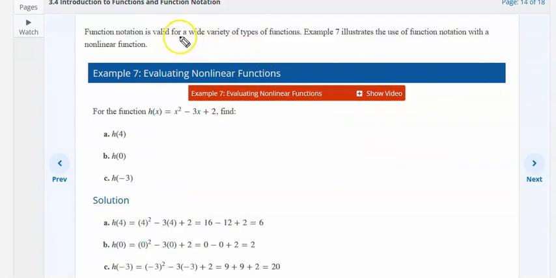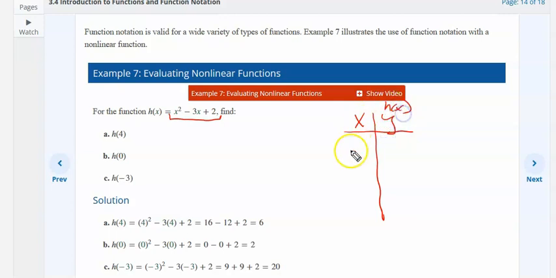Now, here in example 7, the rule is not linear because we're having x to the second. That's quadratic. So again, a t-chart is useful, and we'll be doing some of this in chapter 5. And this would be h of x. And our values are 4, 0, -3.